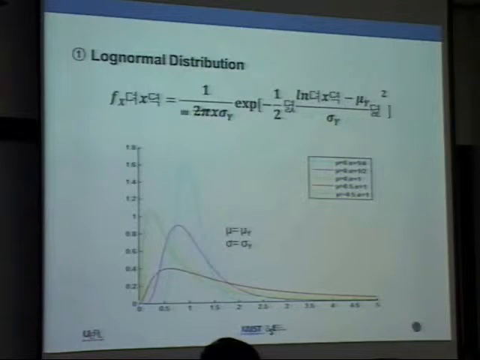It has 2 parameters, mu and sigma. In the graph, there are many kinds of shapes depending on the parameters, and the shape could change.